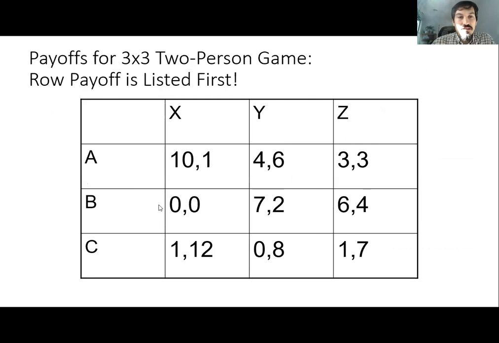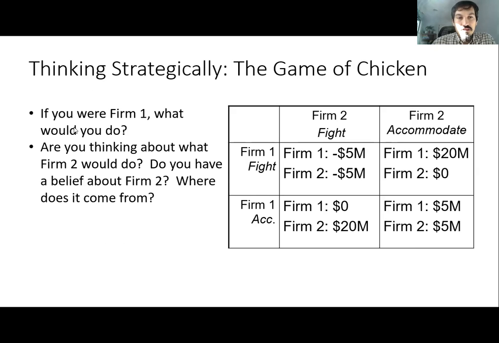So in the game of chicken, you're thinking about what firm two would do and where your belief comes from. It really matters. You could be introspective and say, I'll think about how I would play the game, and that's how I think the other player will play. They're going to be just like me.